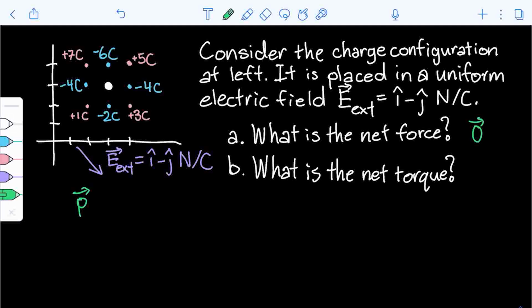Then to find out what P is, we're going to be taking the sum of Qi times Ri for every single particle.